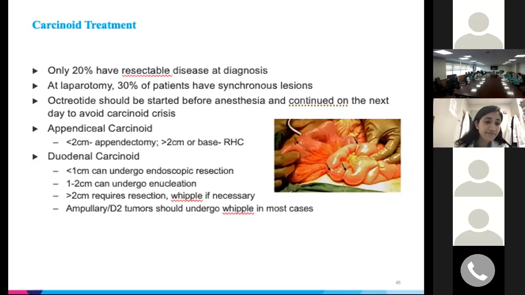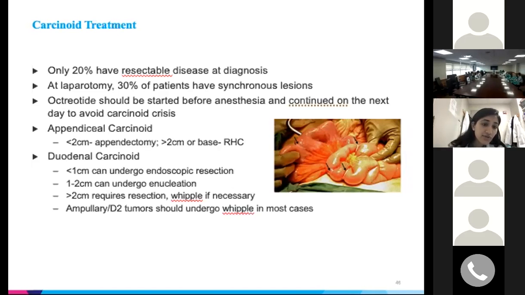For appendiceal carcinoid, if the tumor is less than 2 centimeters and is at the tip of the appendix, then an appendectomy can be sufficient. If it's greater than 2 centimeters or at the base, then you'll need a right hemicolectomy. For a duodenal carcinoid less than 1 centimeter, you can actually undergo an endoscopic resection. 1 to 2 centimeters, you can enucleate.